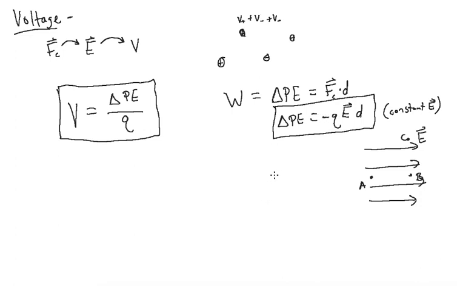The reason for the negative sign is really just to give preferential treatment to positive charges here, so that when positive charges move in the direction of the electric field, they have a decline in potential energy, because that's the way they want to go. But then it works out to be the opposite way for negative charges.